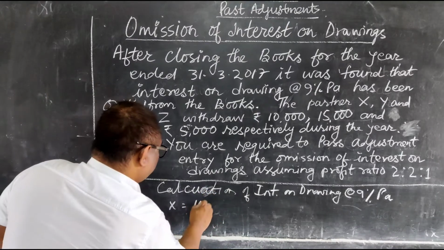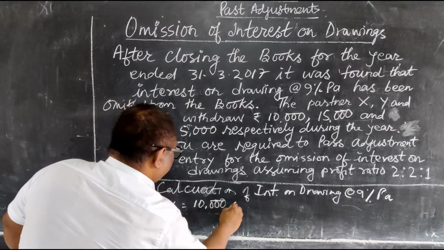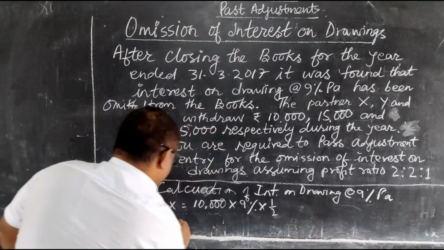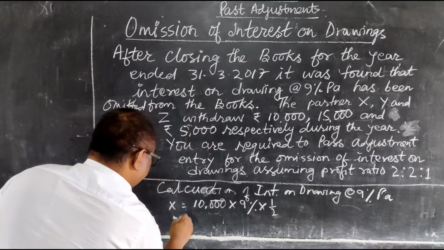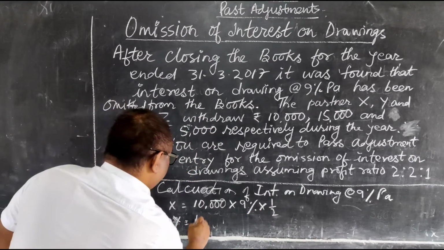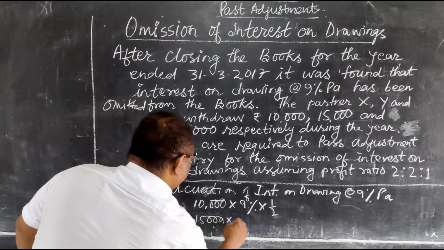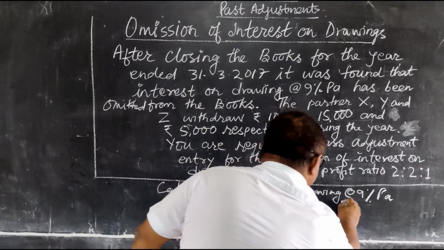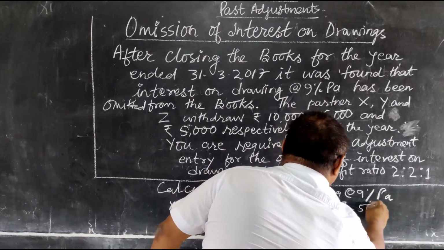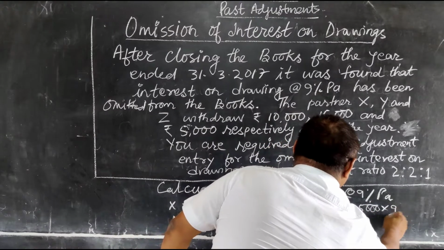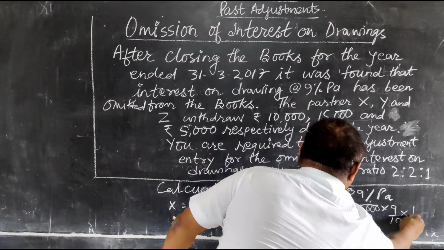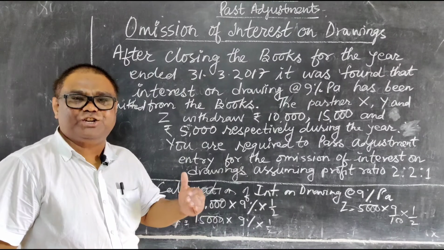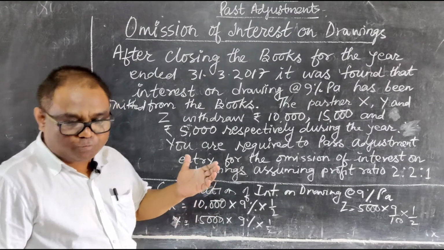X withdrew 10,000 at the rate of 9% for 6 months, half year, and Y withdrew 15,000 at the rate of 9% for half year. Similarly, Z withdrew 5,000 at the rate of 9%. Here also we'll take it for 6 months, because the date of drawing is not given, we have to assume it for 6 months.